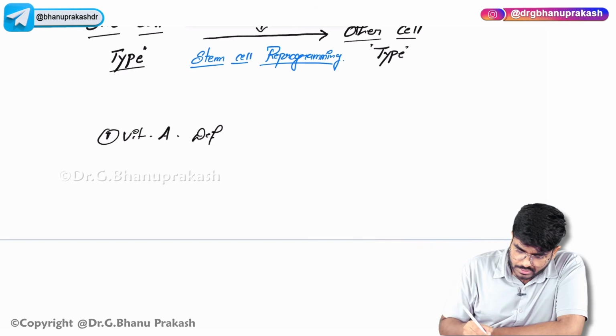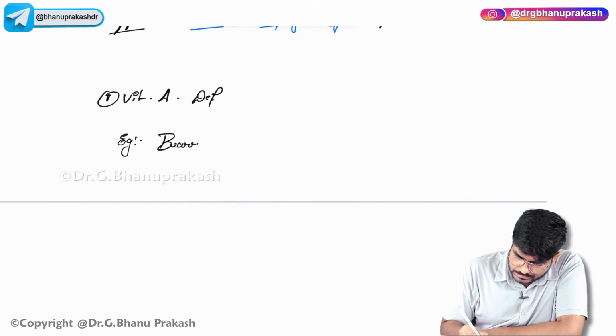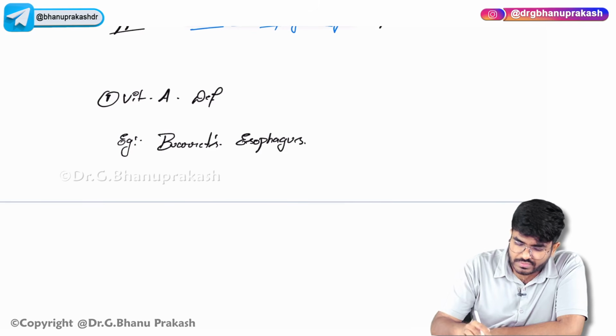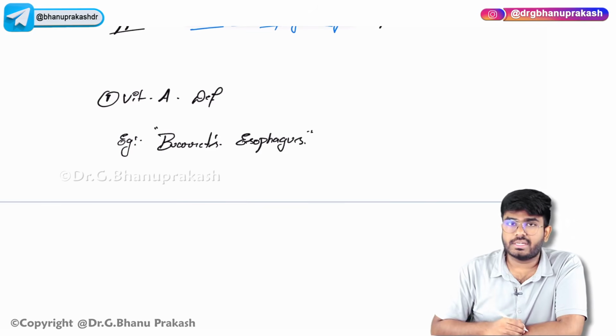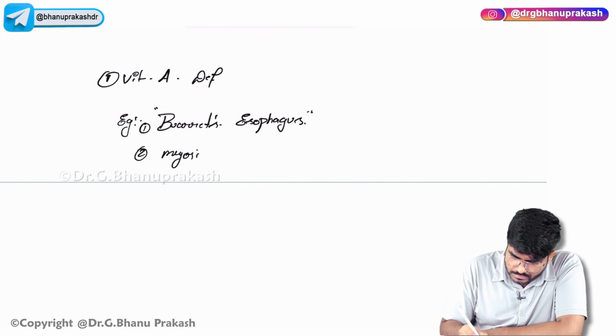Now, what are the examples of metaplasia? In which conditions will you see metaplasia? First example is Barrett's esophagus, which is very important for your exams. We will discuss Barrett's esophagus in a minute. Second one, myositis ossificans.